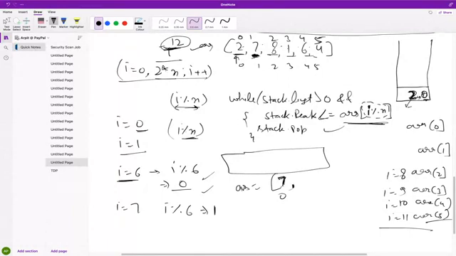Whatever index you are popping out, for that keep the current element as the answer, because you are looking for the greater element. So keep the 7 here. Now pop it out and put 7 comma 1. Correct? Now let's look at 8.